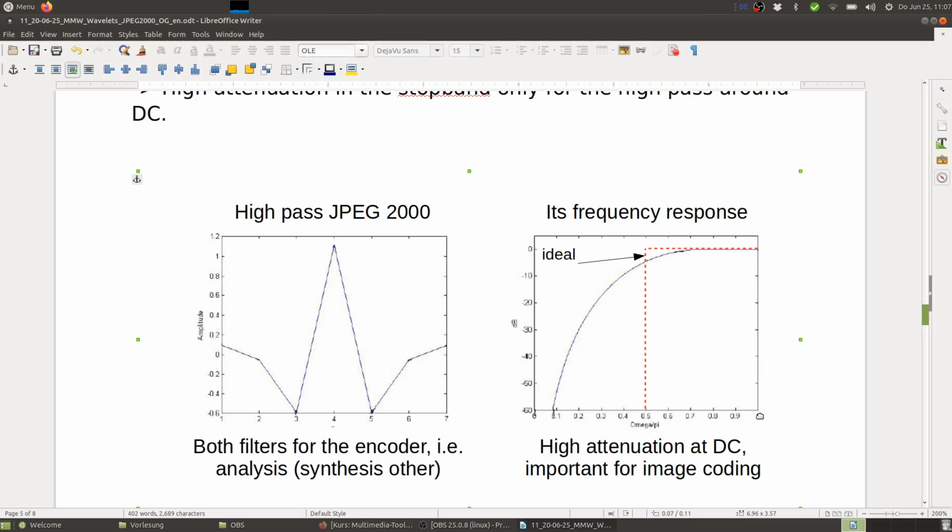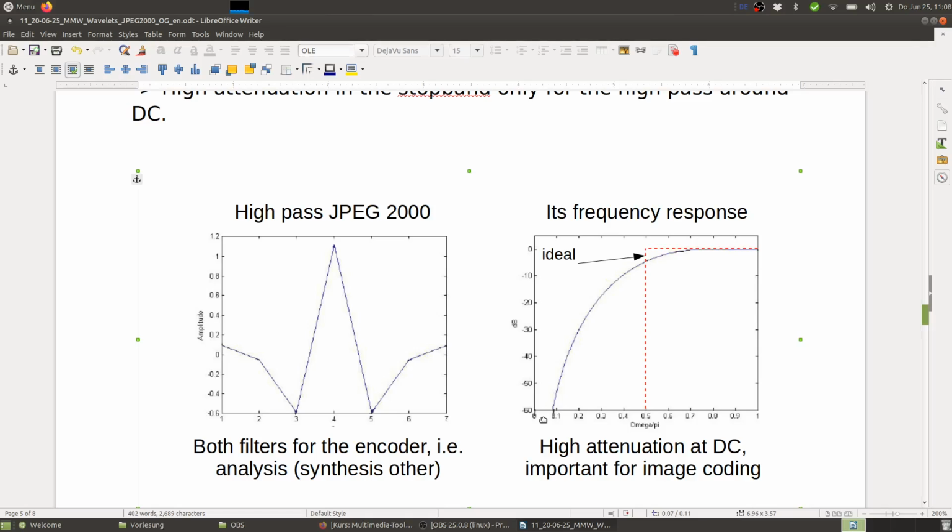right? 1 is the Nyquist frequency here, and here would be 1/10 Nyquist, and below you get an attenuation exceeding minus 50 dB. So this is actually pretty good. And this is one of the characteristics of these wavelets, that they have very good attenuation near DC for the higher band.